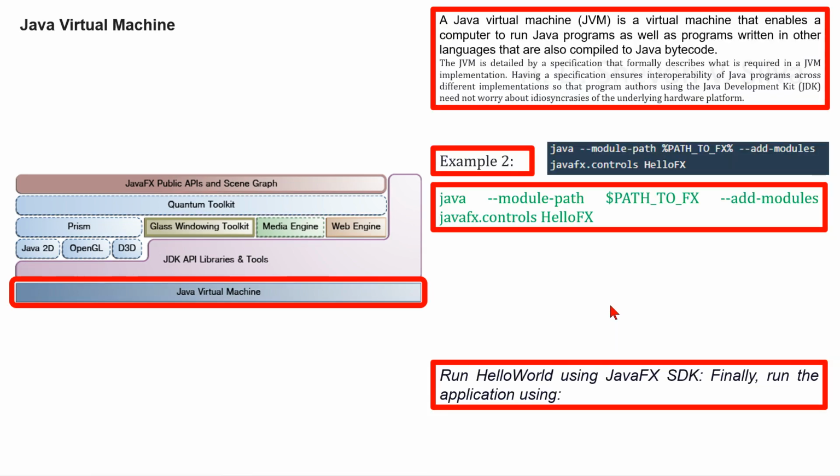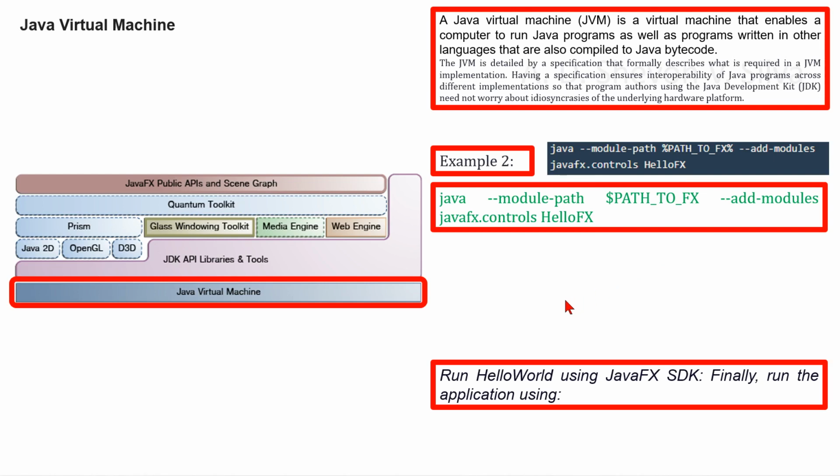Now we are considering running Hello World using the JavaFX SDK. Finally, run the application using this command here, and this is for Linux or Mac, and this is for Windows. Make sure to add the required modules into account.